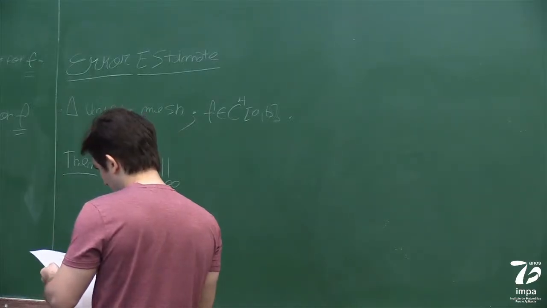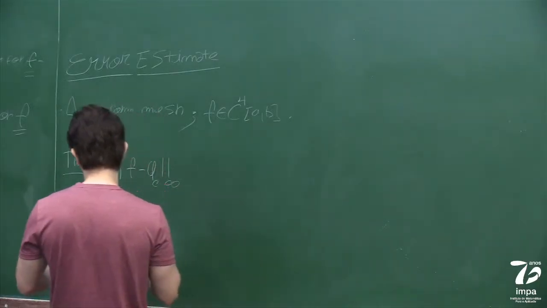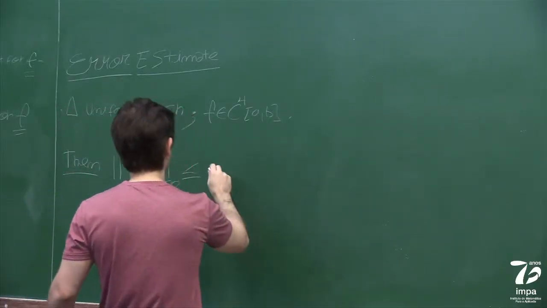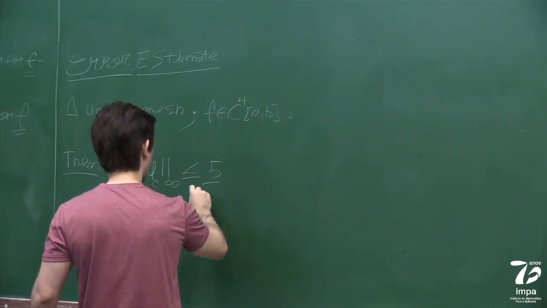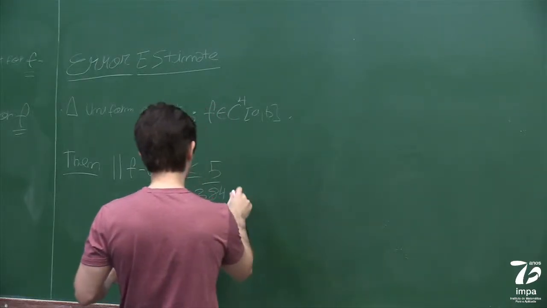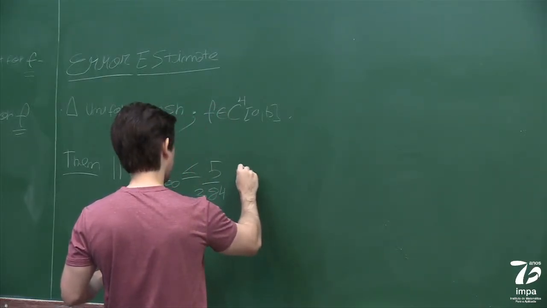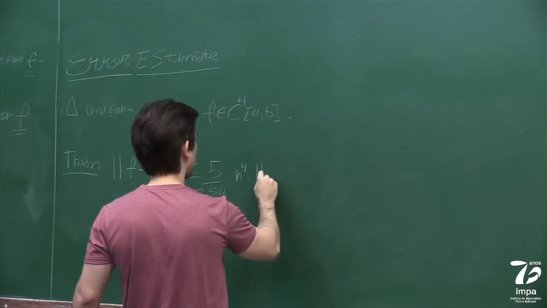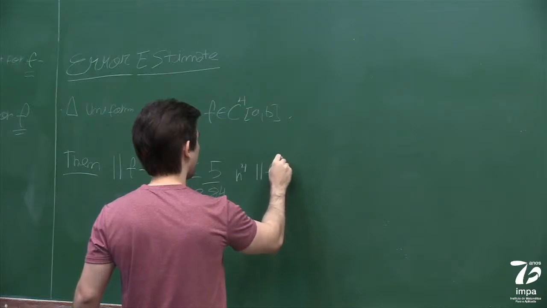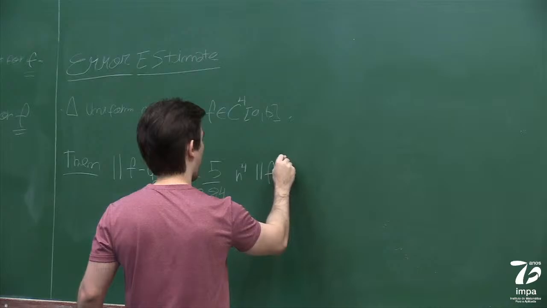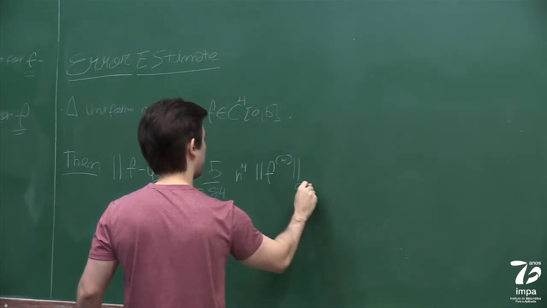The supremum norm is given by five over 384 times h to the power 4 and times the supremum norm of the fourth derivative of f.